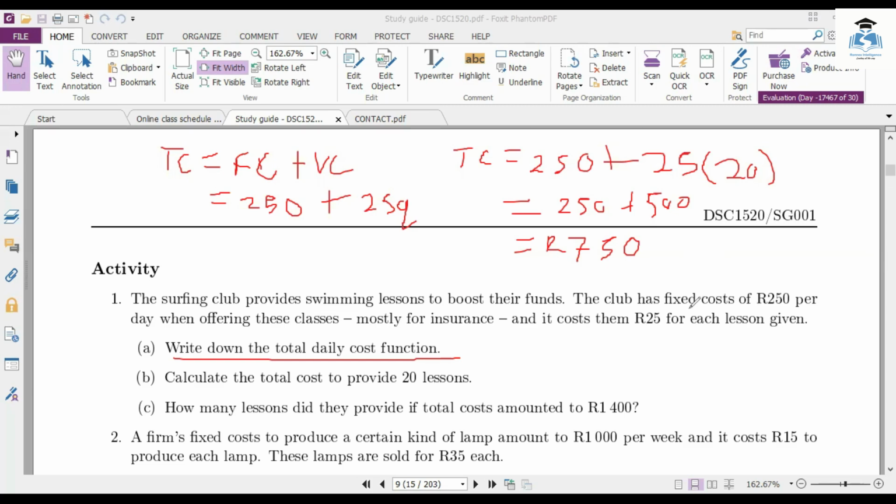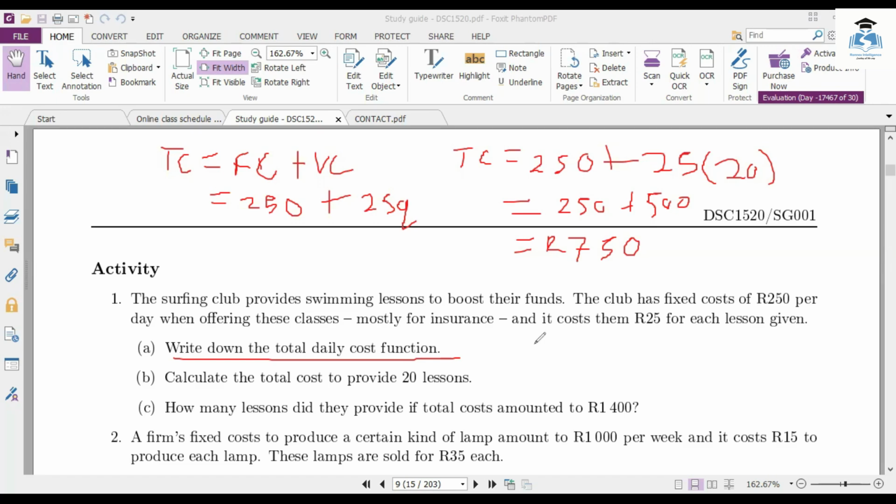So now they are saying how many lessons did they provide if total cost amounted to 1,400? So how do we calculate this one? Do the reverse. So how is the reverse going to be done?